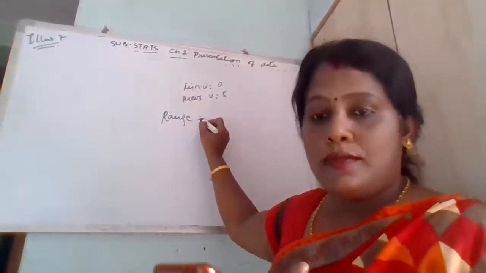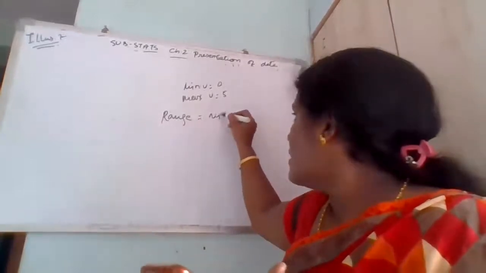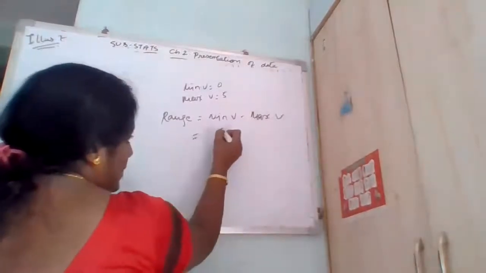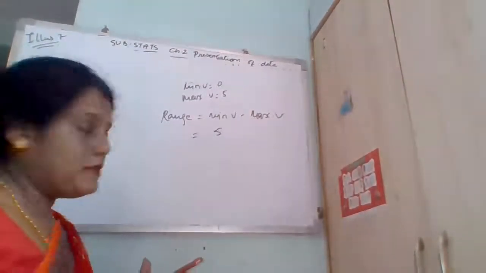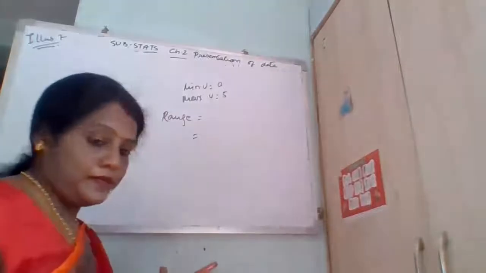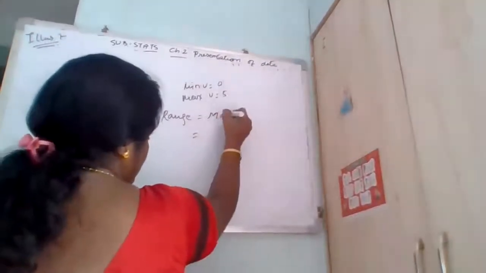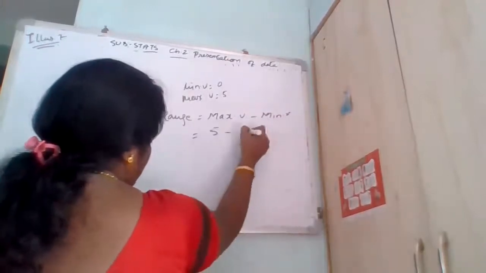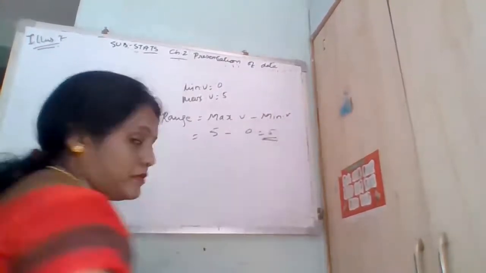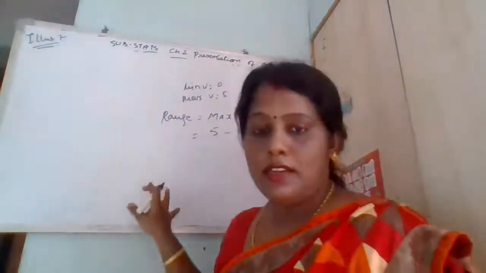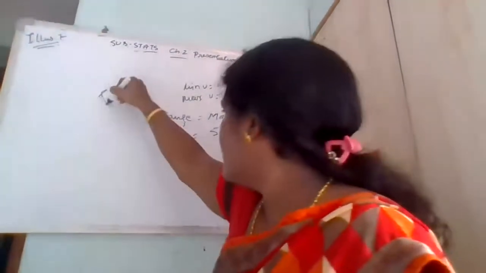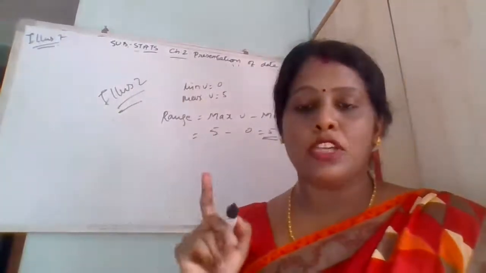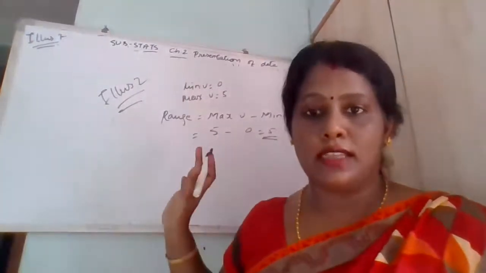The formula of the range is maximum value minus minimum value. So this is our range of illustration number 1.